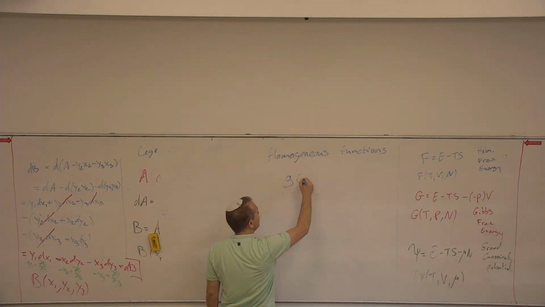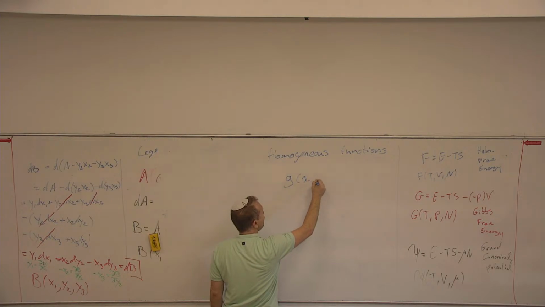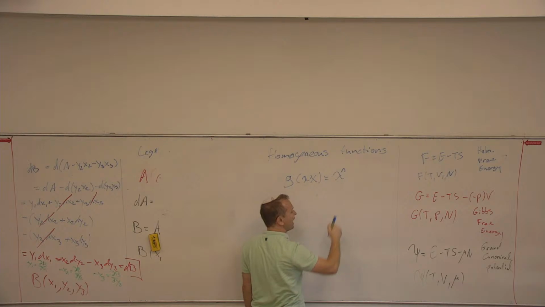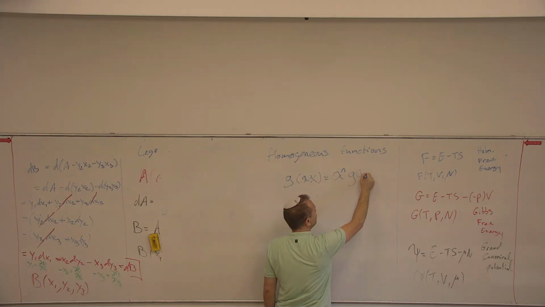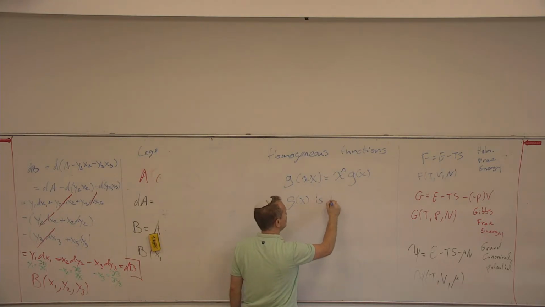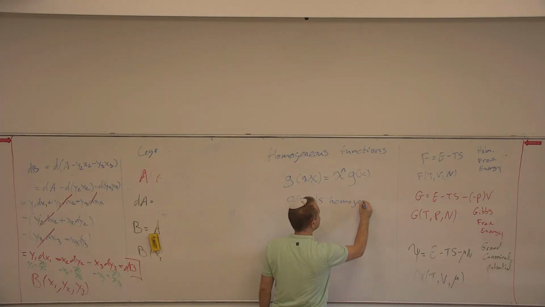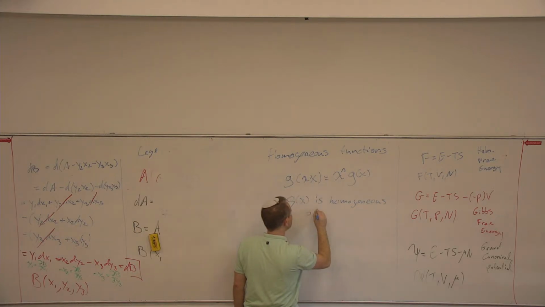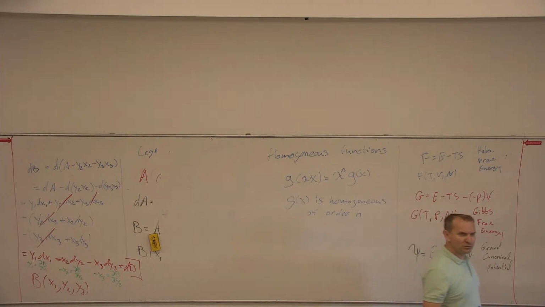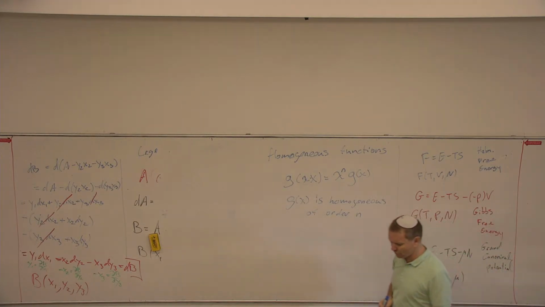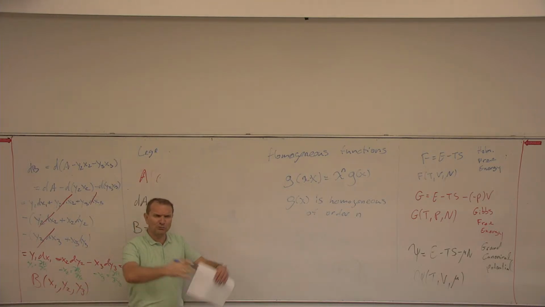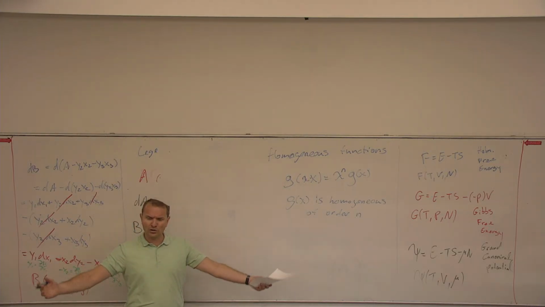So if g of lambda multiplied by x equals lambda to the power n multiplied by g of x, then g of x is homogeneous of order n. If you remember different methods in ordinary differential equations, the moment that you have homogeneous functions there, a lot of things you can do in order to solve your ordinary differential equation.